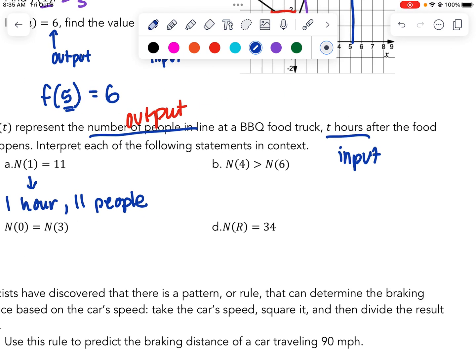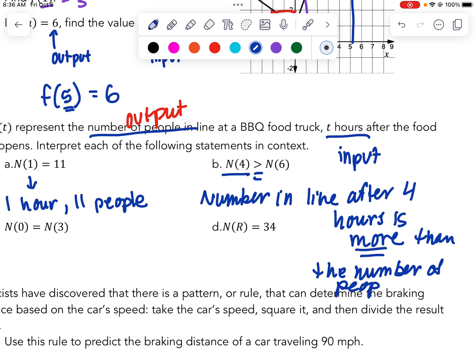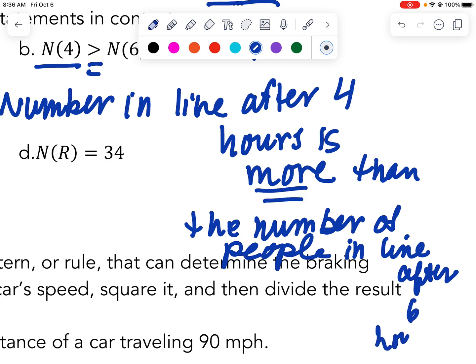This is saying the number of people in line after 4 hours is greater than the number of people in line after 6 hours.